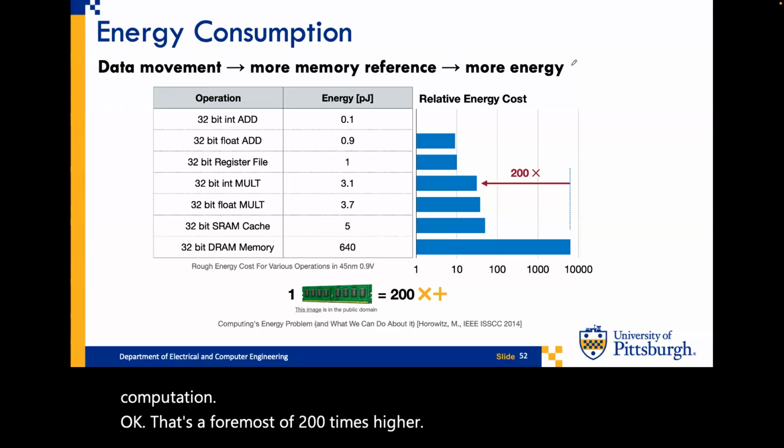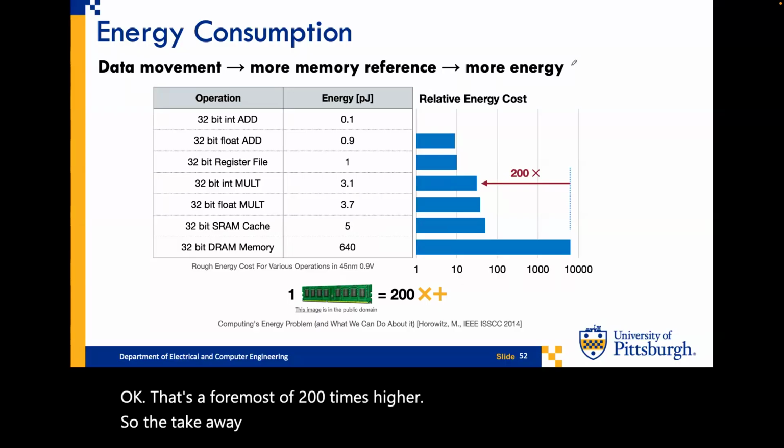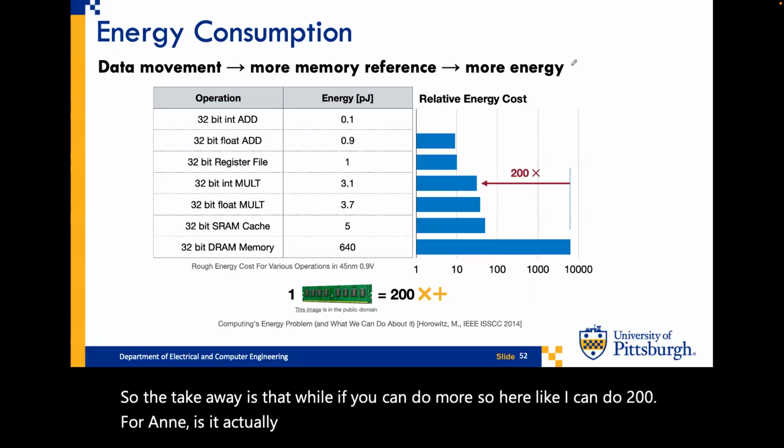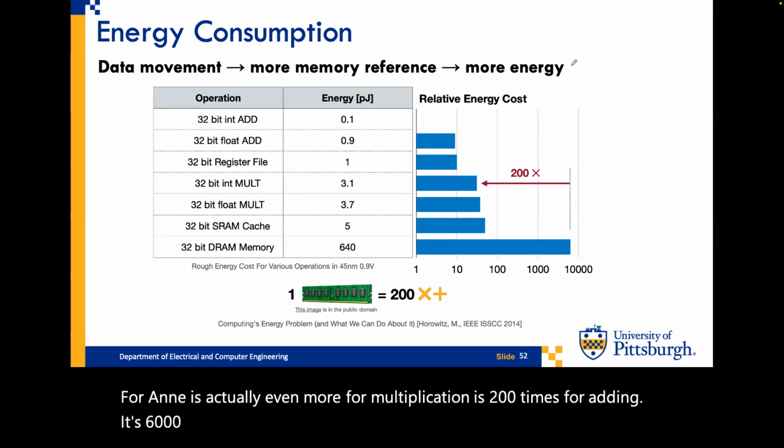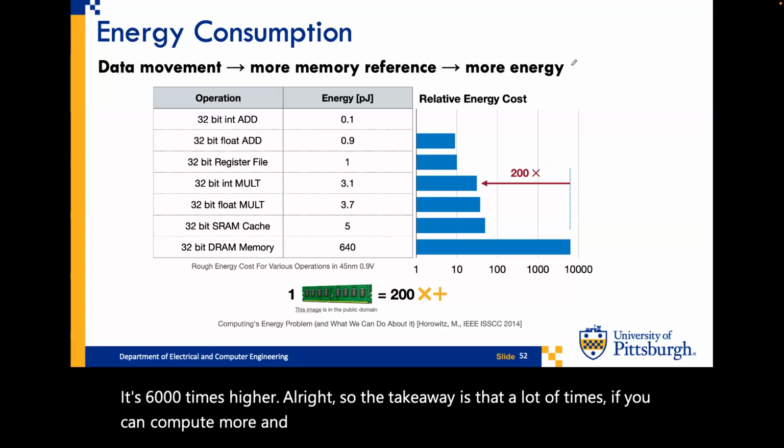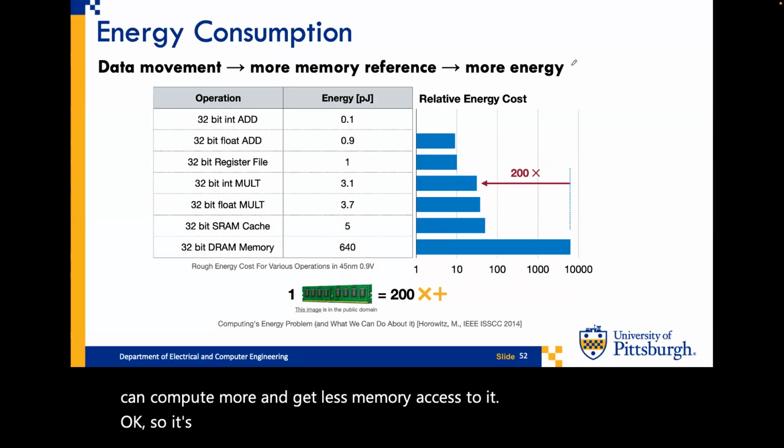So the takeaway is that for multiplication it is 200 times, and for adding it is 6,000 times higher. A lot of times, if you can compute more and get less memory access, do it. It's all about the cost.